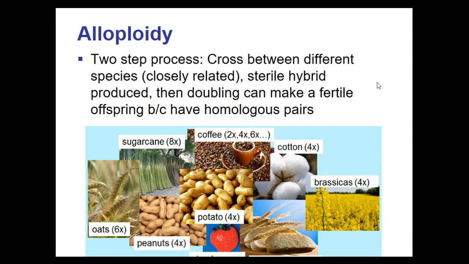Because now it's going to end up with a fertilized egg that has an odd number of chromosomes. It's going to have 2 chromosomes from one parent and 3 from the other. Normally, when 2 parents reproduce, like in humans, one sperm has 23 chromosomes, the egg has 23.